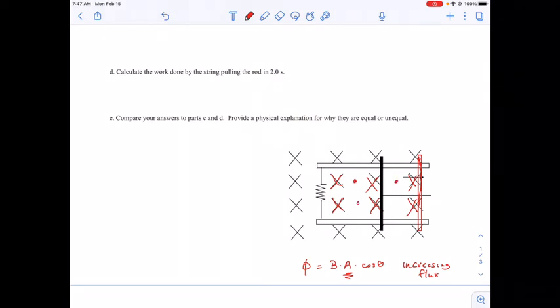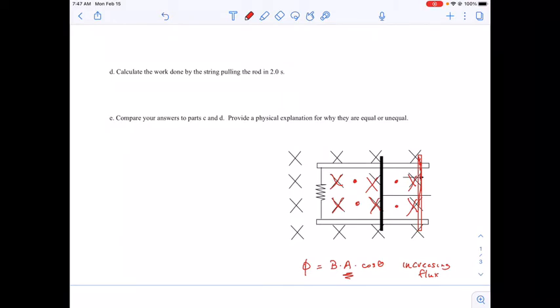So opposing the existing flux is going to come out of the page. Now, in order to figure out the direction for that magnetic field, I would need to use a right-hand rule to figure out the direction of that magnetic field.